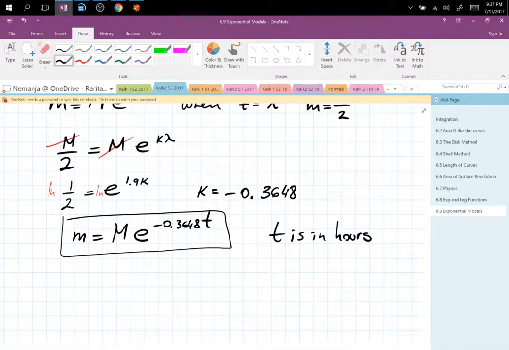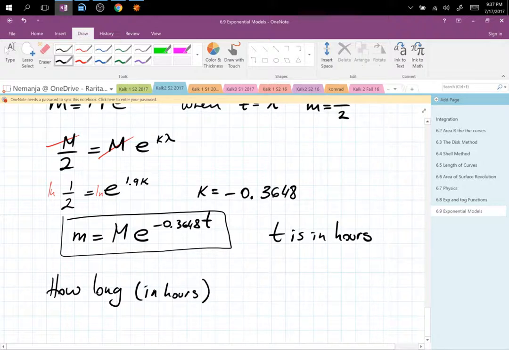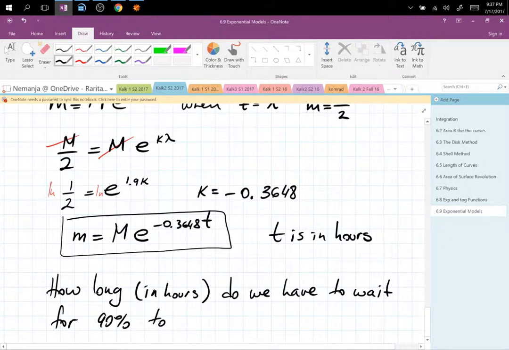So now, as you are looking into this equation, you can ask, well, how long do I have to wait, in hours, to have 90% gone, let's say? So how long in hours do we have to wait for 90% to be metabolized?